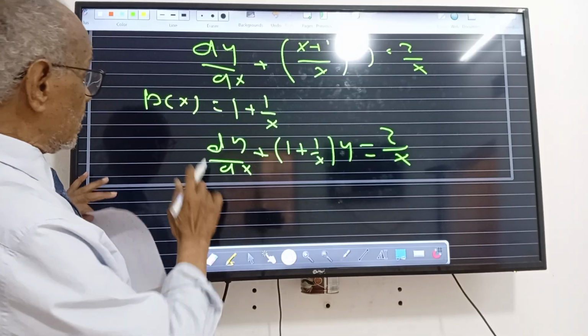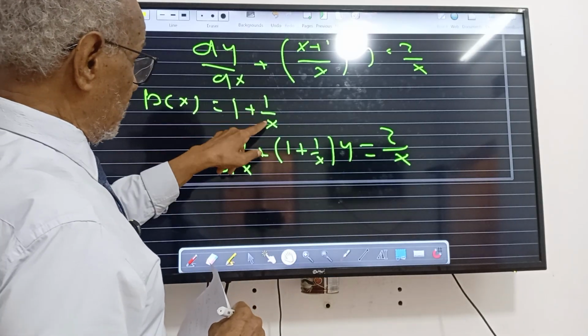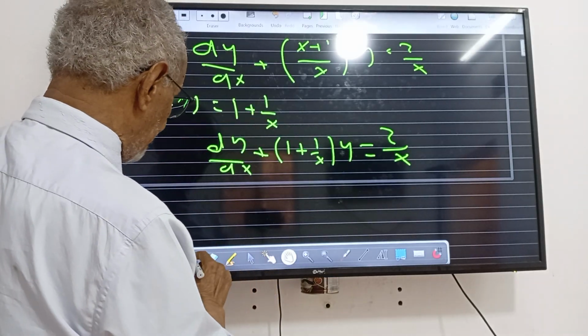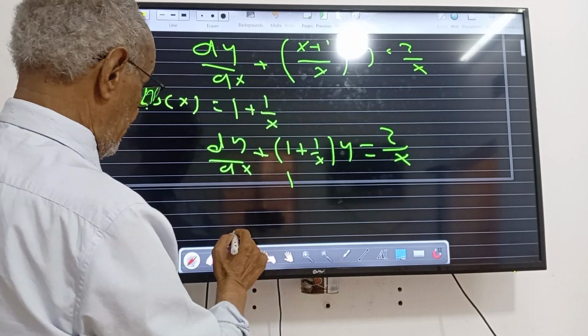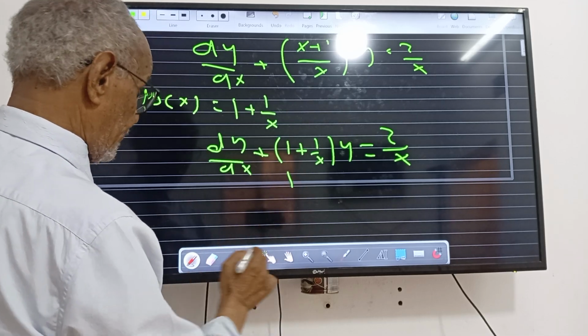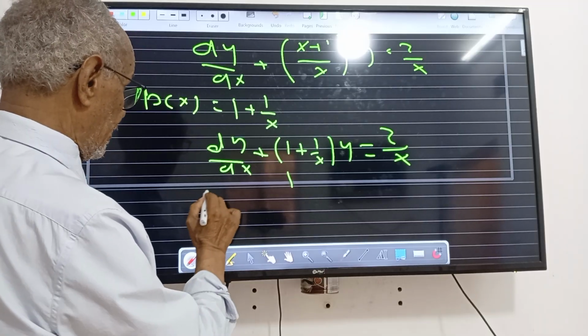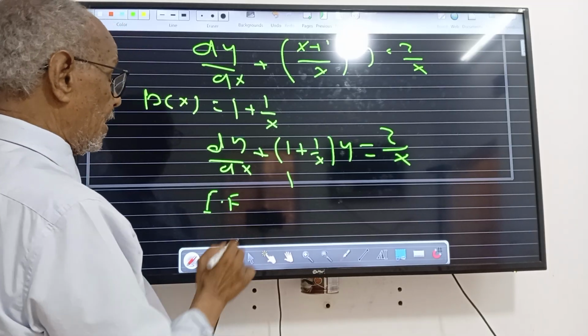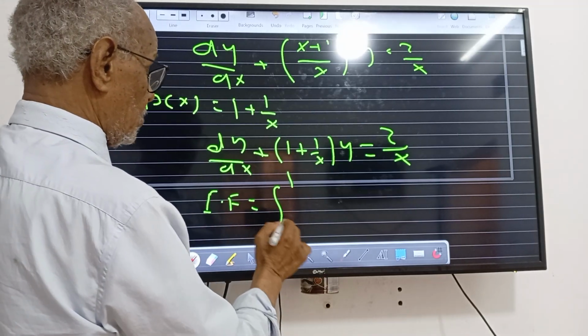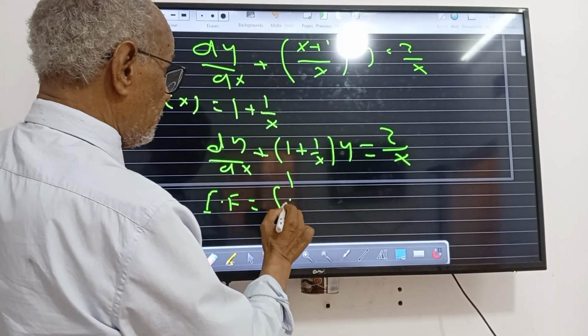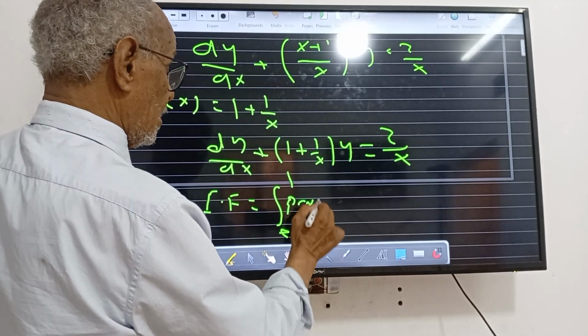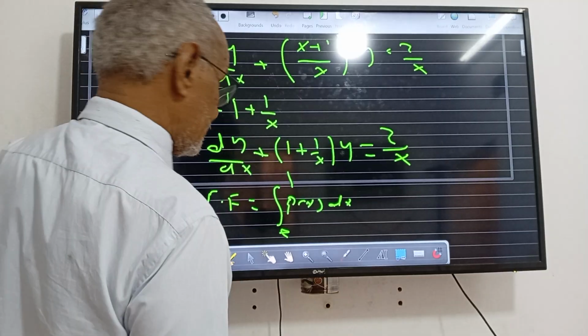In this case, the integrating factor, as we said, is equal to e to the power of the integral of p of x with respect to x, right?